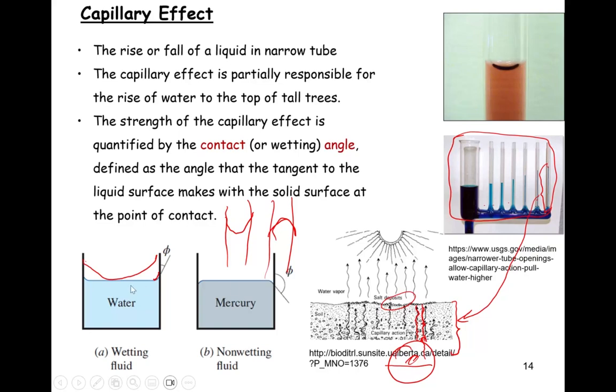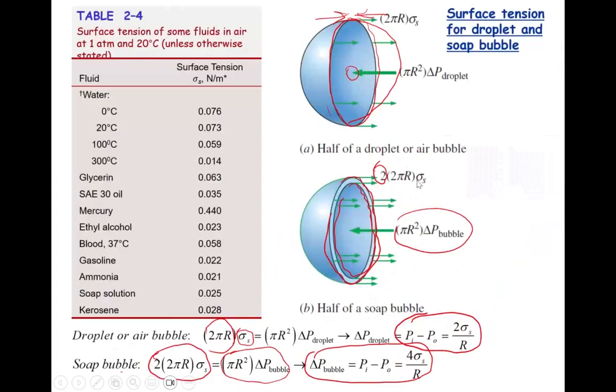However, for a hydrophilic, wetting liquid, it goes up. Remember, for hydrophilic, the angle is normally less than 90 degrees. However, for hydrophobic, this angle is greater than 90 degrees. And that's the difference between wetting and non-wetting fluid, basically.